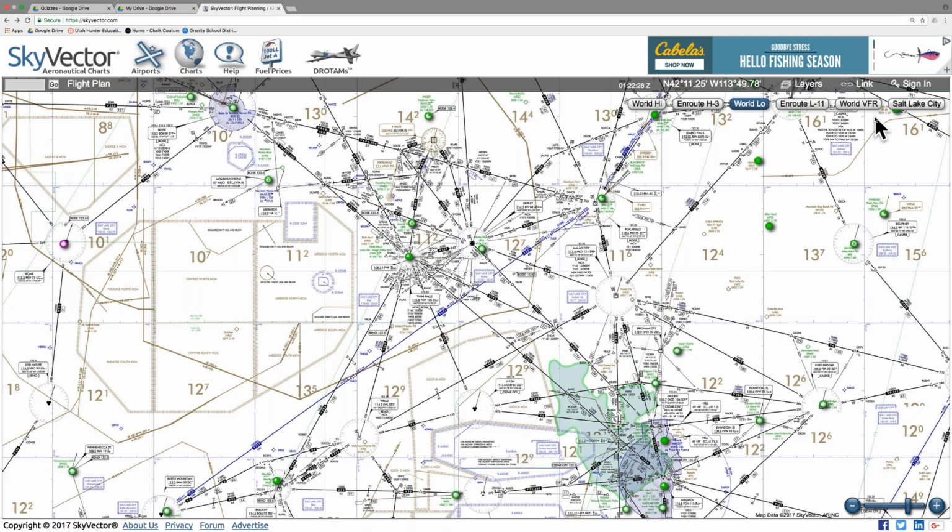Right. So VOR is a non-precision. ILS would be considered a precision approach because it provides both vertical and horizontal direction. So yes, you guys are right.